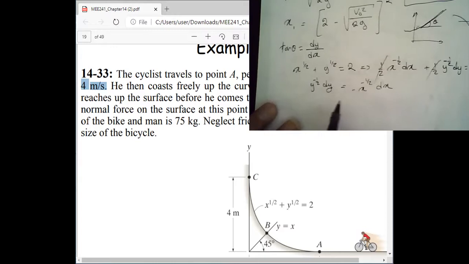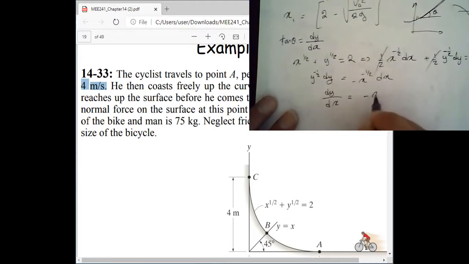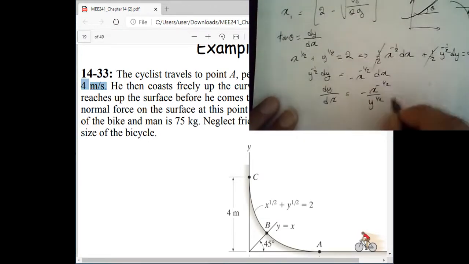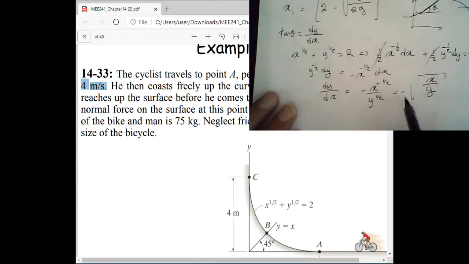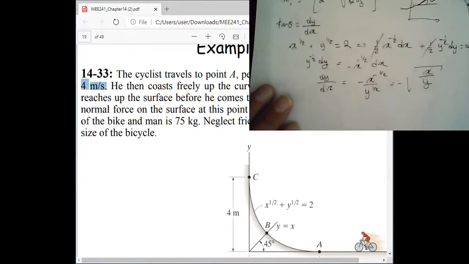You can divide this whole thing by dx. So dy over dx is equal to minus x^(-1/2). If I want to move y^(-1/2) to here, it's going to be y^(1/2). If I put it here, I can also do it like that, correct? So just move it like that. So it's going to be minus square root of y over square root of x. Okay, and the minus simply indicates that the curve is actually going downward as you move from left to right.